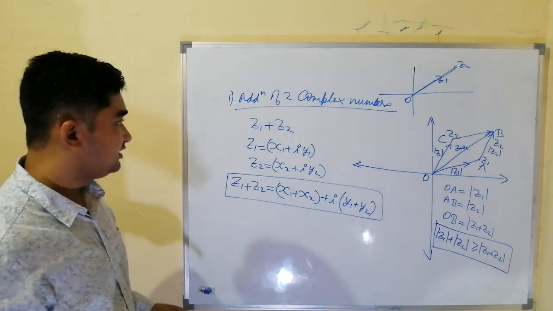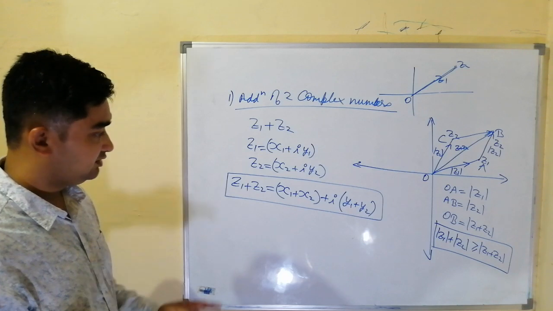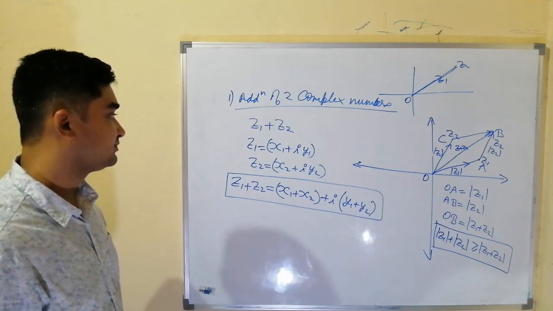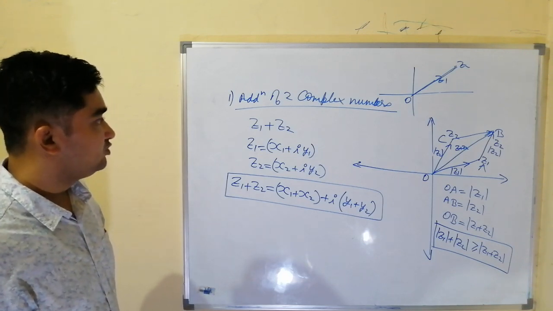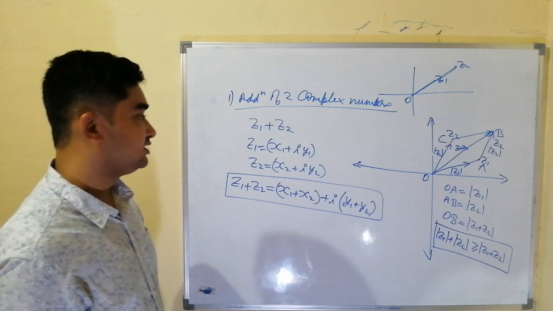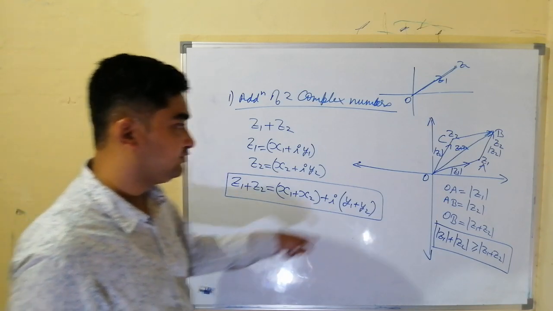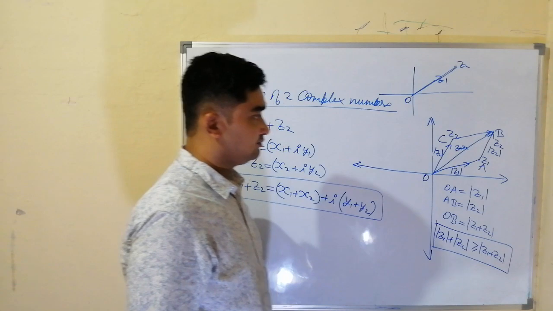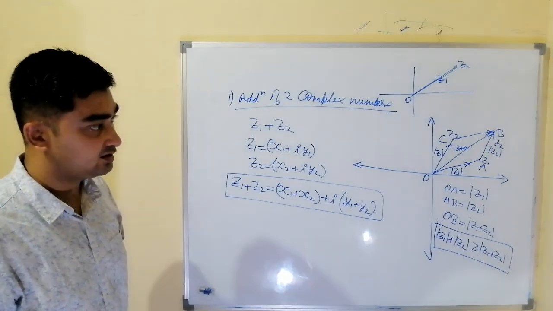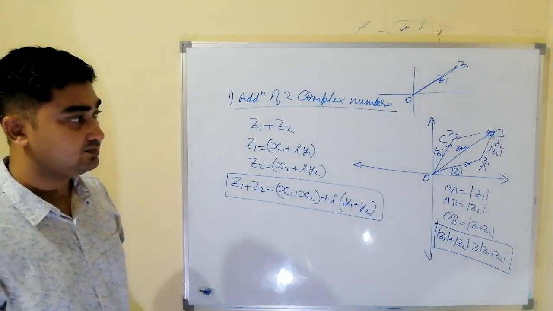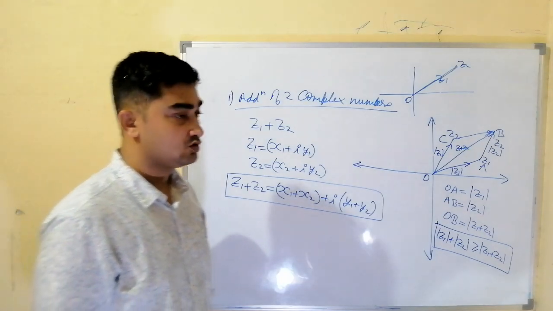So separately taking the mod and adding is always greater than adding and then taking the modulus. So this is about addition of two complex numbers. We have added algebraically, then we have added in the Argand plane. So like vectors we can add complex numbers also.